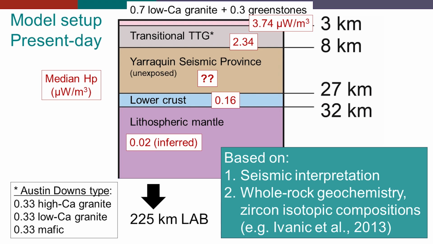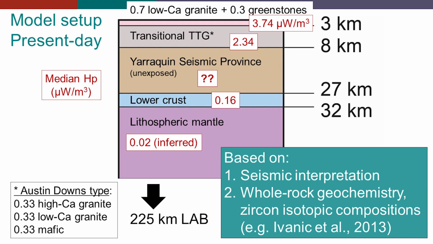And then a lower crust and of course, the lithospheric mantle. In terms of the heat production, these values show the median heat production for the appropriate rock types. Okay, so we're looking at, in the present day, a fairly elevated upper crust, slightly elevated lower upper crust, a completely unknown mid-crust, and then the lower crust and lithospheric mantle.